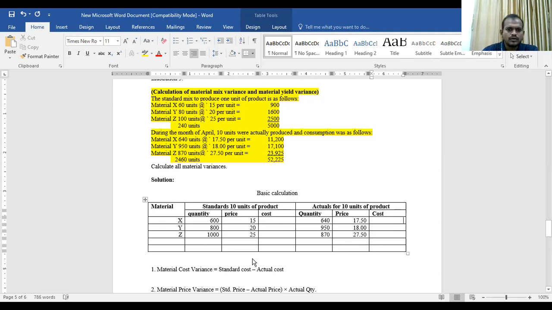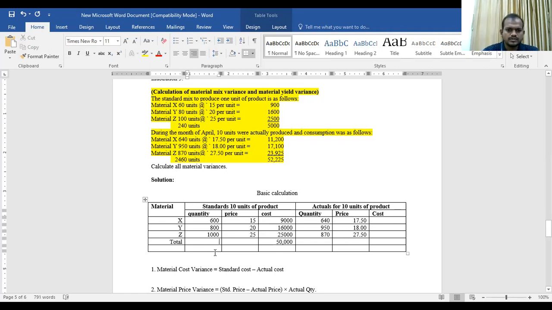So calculations will be 9,000, 16,000 and 25,000. So total cost is 50,000.